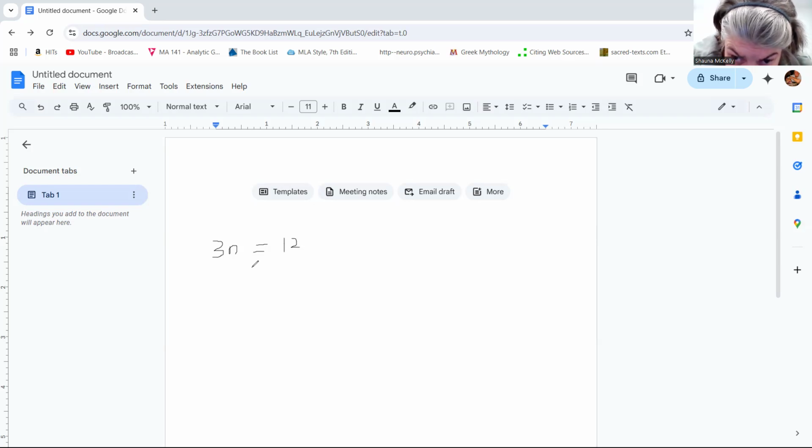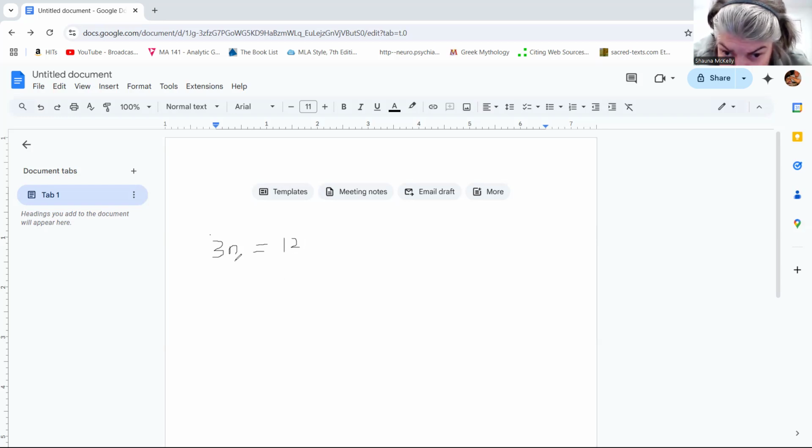So 3n equals 12. This is multiplication. This means 3 times n equals 12. If I want to undo multiplication by 3, I'm going to do the opposite, which is division.